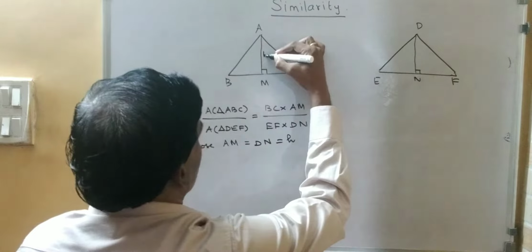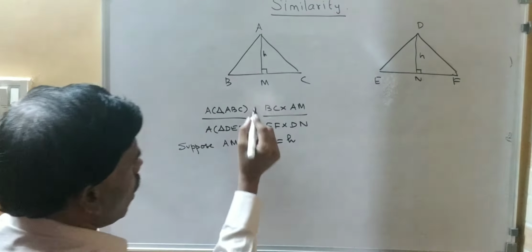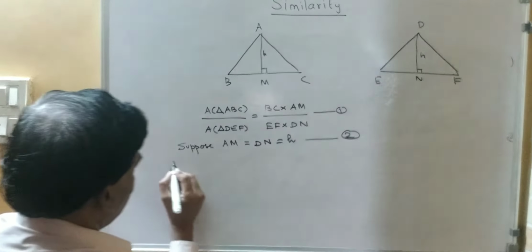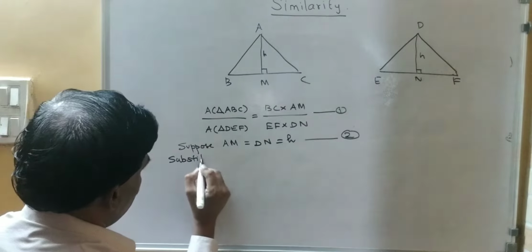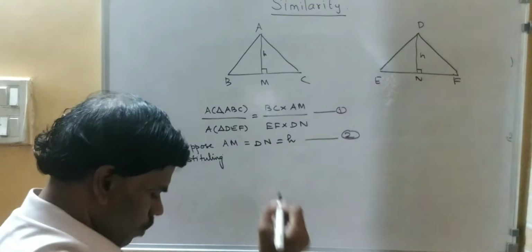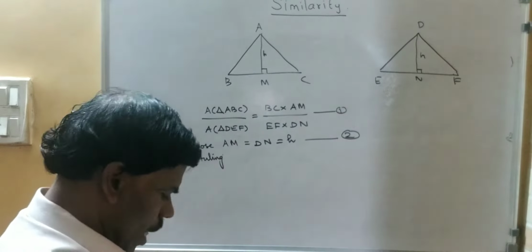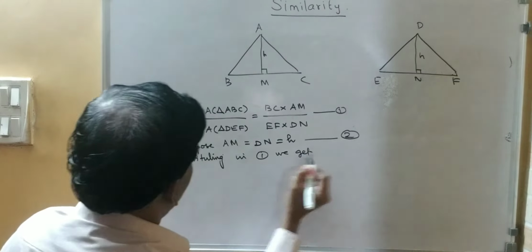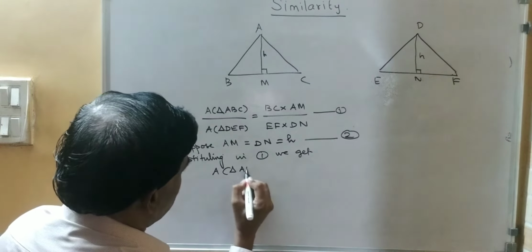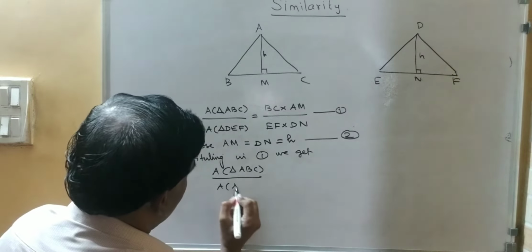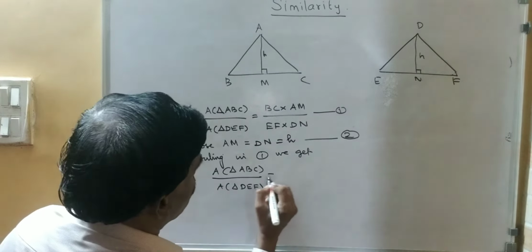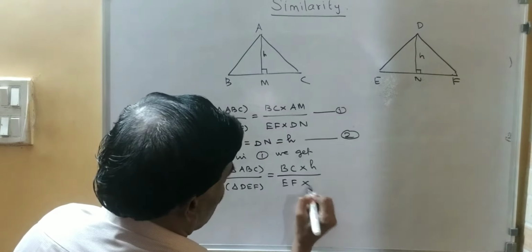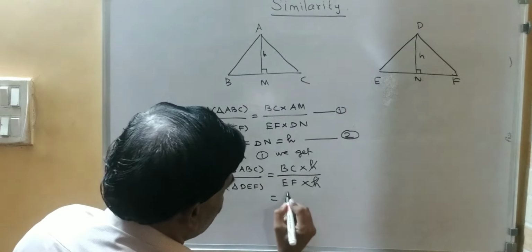This is H, this also H. Then substituting in 1, we get area of triangle ABC upon area of triangle DEF equals BC into H upon EF into H. So what you are having?